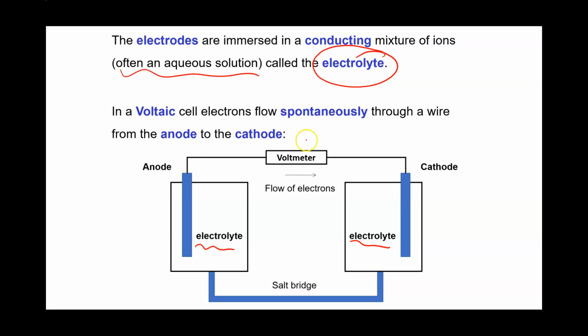And so the anode is connected to the cathode via a wire, and electrons will spontaneously move from the anode to the cathode in a voltaic or galvanic cell. Now, it gets a little bit confusing. If the anode kept losing electrons, it would build up a greater and greater positive charge. And if the cathode kept gaining electrons, it would build up a greater and greater negative charge.